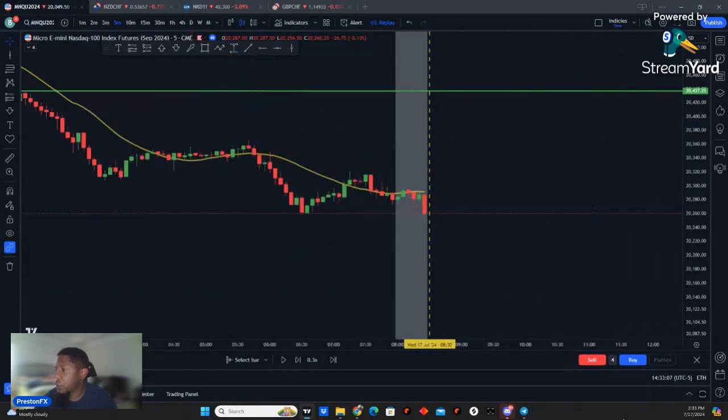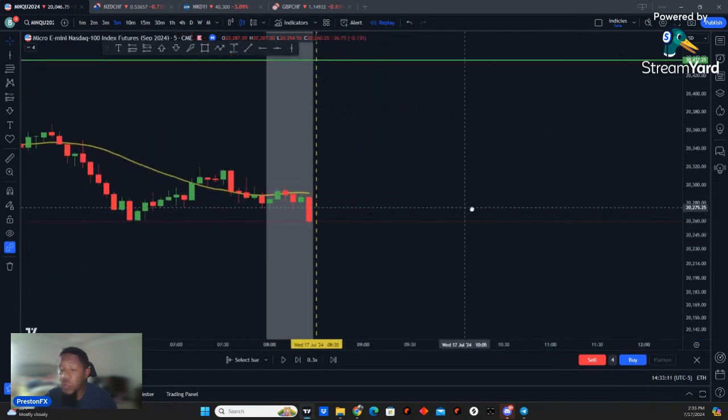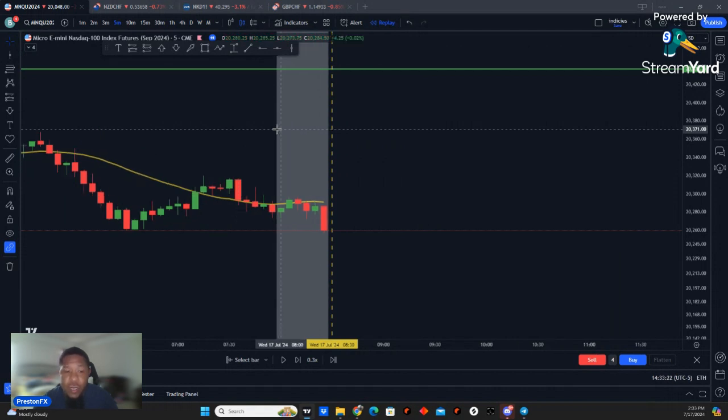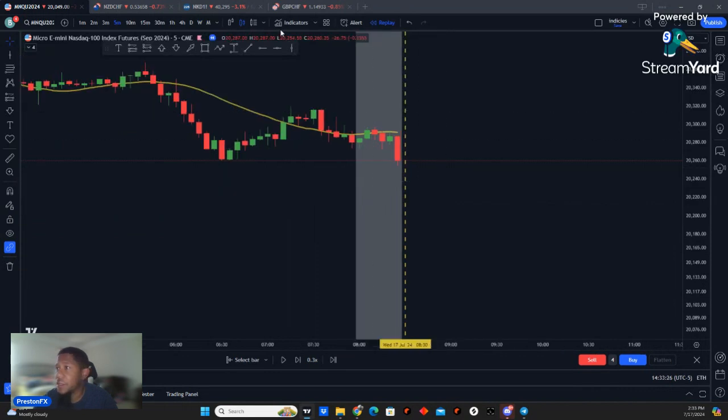So what I do, like I said, on my strategy the whole time, is break the 2 candle lows for the sell. Two candle lows right here. I'm going to show you.